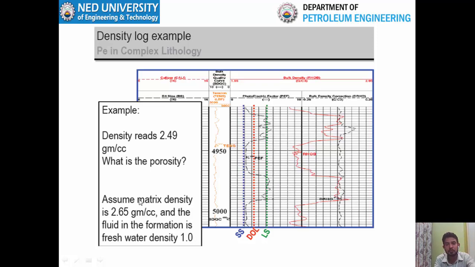For the time being, we are assuming the rock material and fluid content, but obviously when we are working on an actual log, we cannot assume things. We are required to first estimate the rock type and the fluid content in the formation before calculating the porosity.